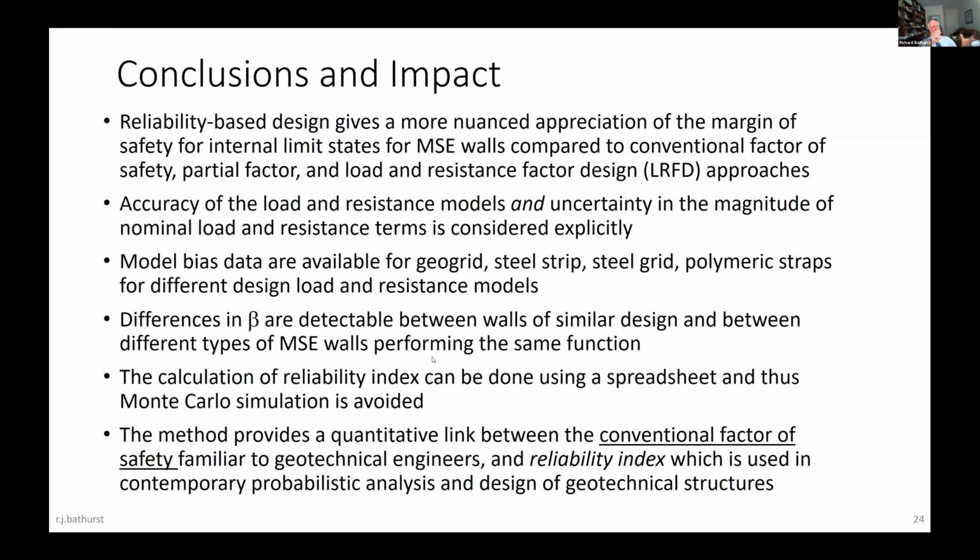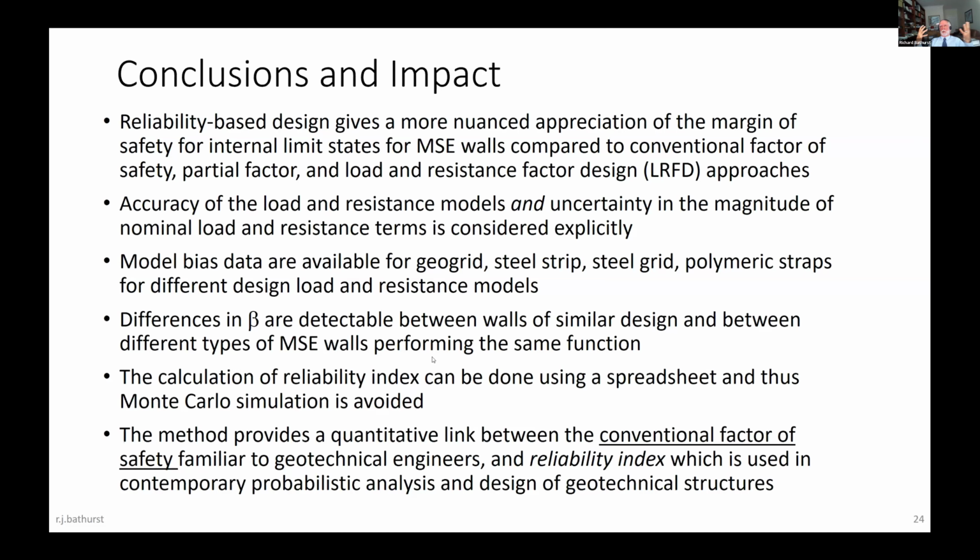And the interesting and useful thing is that the calculation of reliability index can be done using a spreadsheet using that equation that I showed you earlier. So you don't have to even do Monte Carlo simulation. And very important is that the method provides a quantitative link between conventional factor of safety, which every geotechnical engineer is comfortable with, and reliability index, which is used in contemporary probabilistic analysis and design of geotechnical structures.